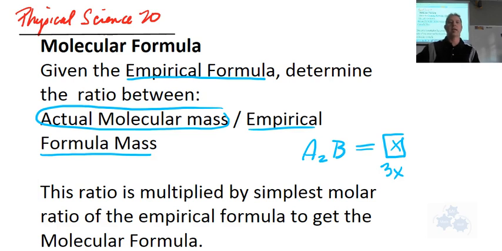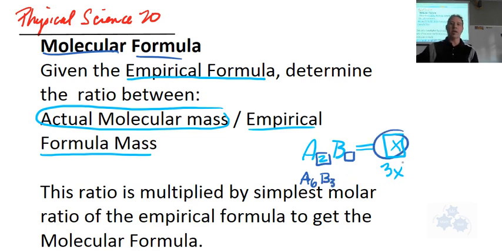So we'd have to figure out what is the actual molecular formula. And so what we would do is we would times all of these subscripts by 3. And the actual formula then, the molecular formula, would be A2 times 3, which would be 6, and B1 times 3 would be 3. And so that's how we would do that.